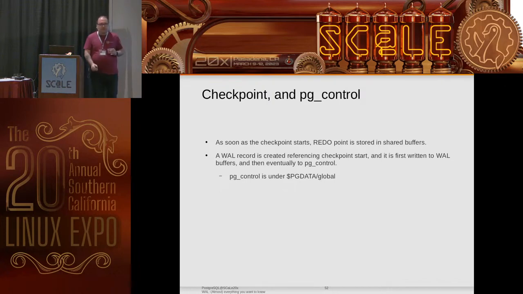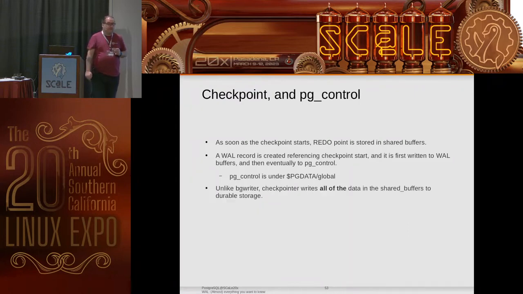I'm going to show you a few of them later on in the final section of the slides, and it's eventually written to a file called pg_control, and we will also talk about pg_control. pg_control is under the data directory, in the global directory. There's one single file. If you are familiar with Oracle, it's like a control file, but there's something different from Oracle. I'll get there.